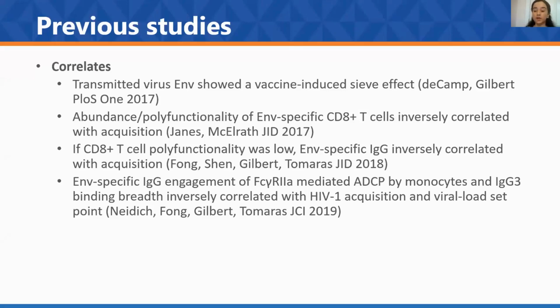And then there were a couple of immune functions that were shown to be highly correlated with the risk of HIV acquisition, such as CD8 T cells, and if the CD8 T cell polyfunctionality was low, the Env-specific IgG were also shown to be correlated with the risk of HIV acquisition. And lastly, the Env-specific IgG engagement of Fc gamma R2A mediated ADCP by monocytes and IgG3 binding breadth inversely correlated with HIV-1 acquisition and viral load set point.